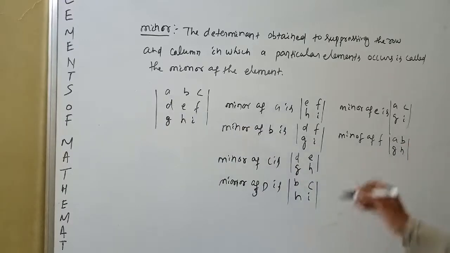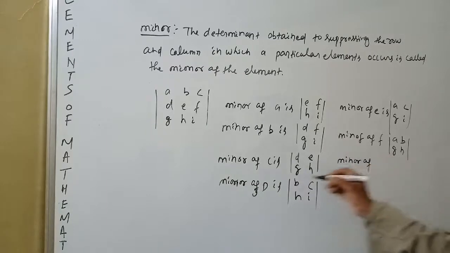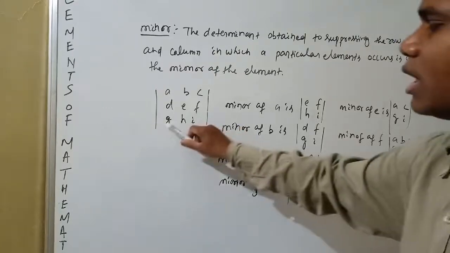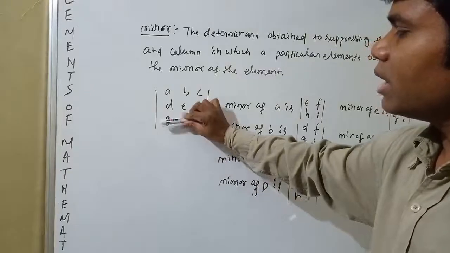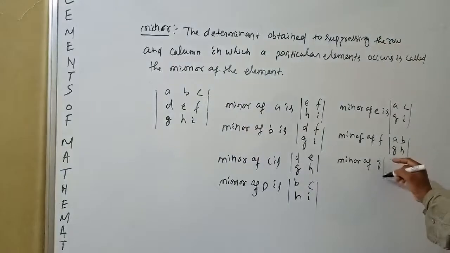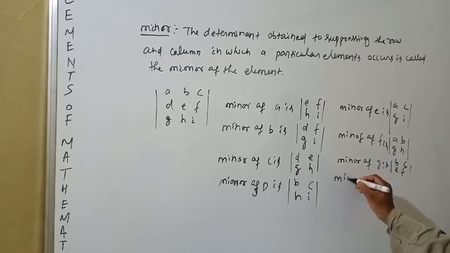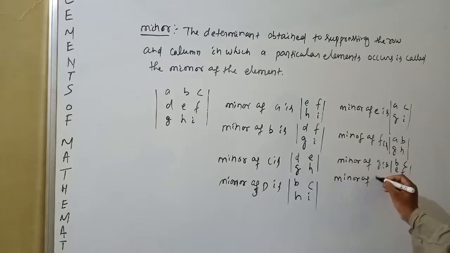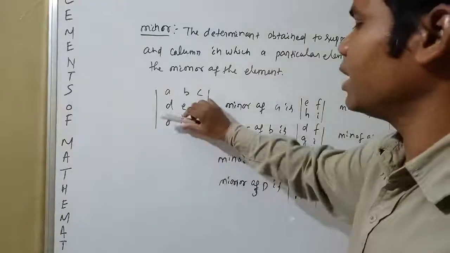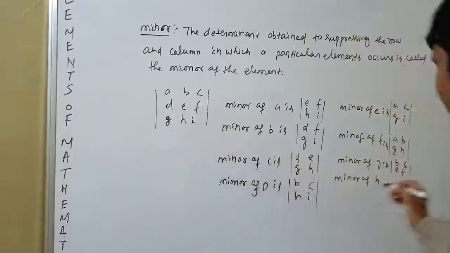Minor of G: this is the element G, this row and this column we suppress, leaving the determinant BCEF. Minor of H: we suppress this row and column, leaving ACDF.